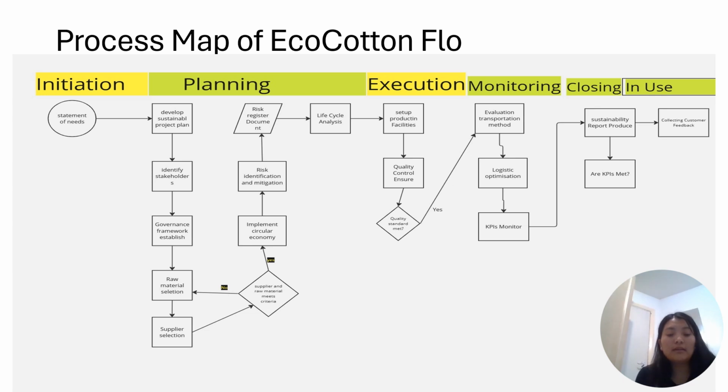We identified our narrow stakeholders, which are supply chain partners, local authorities, local communities where production facilities are located, and employees. And we collaborate with consumers, supply chain partners, local communities, and employees for the success of EcoCotton Flo in social, environmental, and government aspects.